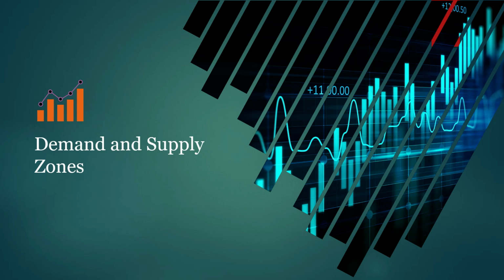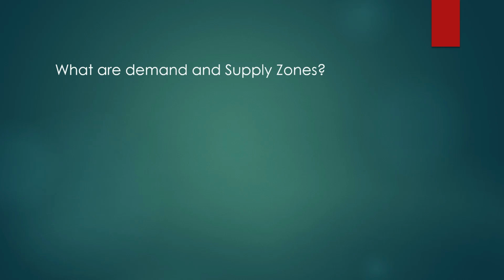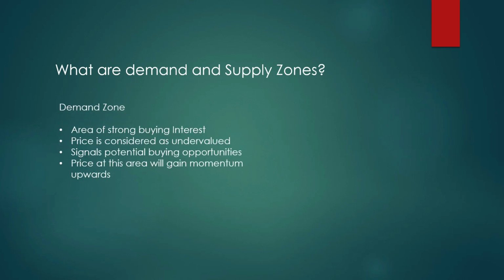So for those who are new to zone-based trading, here is the quick gist of what demand and supply zones are. A demand zone is basically an area where historically there was a strong buying interest, and price at this area is often considered undervalued. So in case price revisits this zone in the future, price will gain momentum upwards and it signals potential buying opportunities.